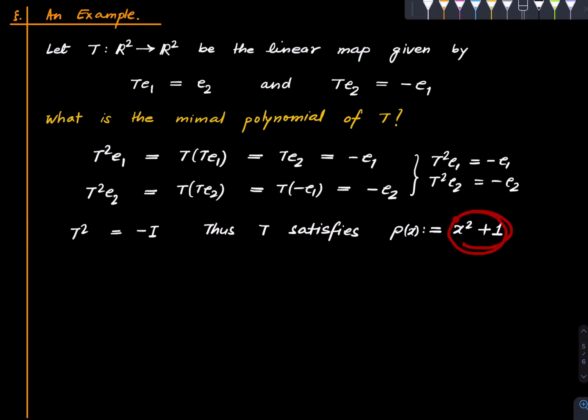But what are the monic polynomials over the reals that divide this? Only this one. Because if there were a monic polynomial that divided this of smaller degree, that would be a degree 1 polynomial, and hence this would have a root in R. But this does not have a root in R, and therefore this is the only monic polynomial that divides this, apart from the constant polynomial 1, of course. So therefore this is the minimal polynomial of the endomorphism T.